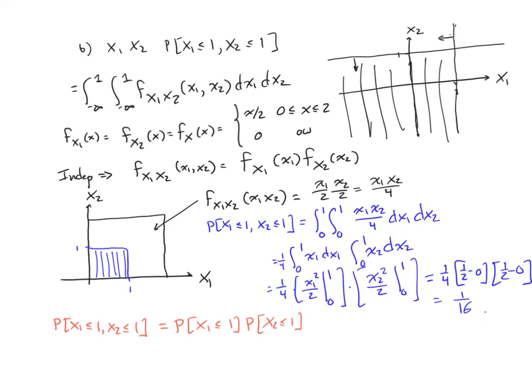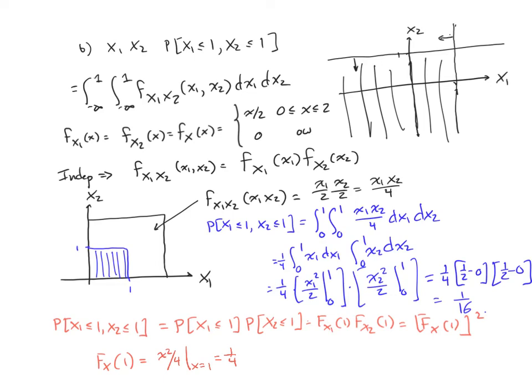And that's really the CDF of x1 at 1 times the CDF of x2 at 1. But in fact, both of those CDFs are the CDF of x at 1. And so it's the CDF of x at 1 squared. And we found the CDF of x at 1 before. The CDF of x at 1 is equal to x squared over 4 at x equals 1, which is equal to 1/4.